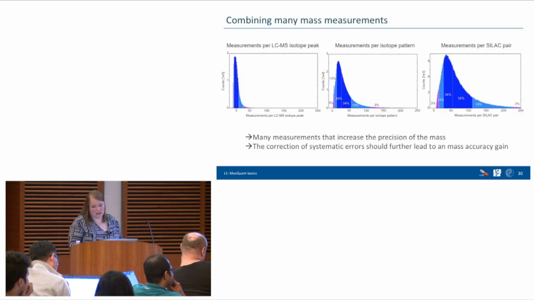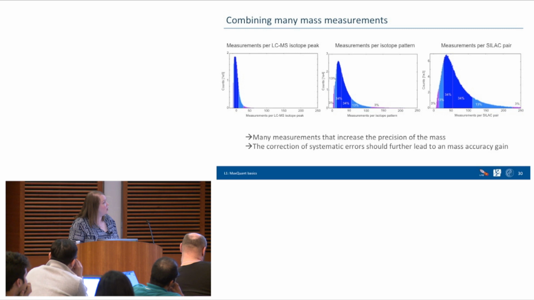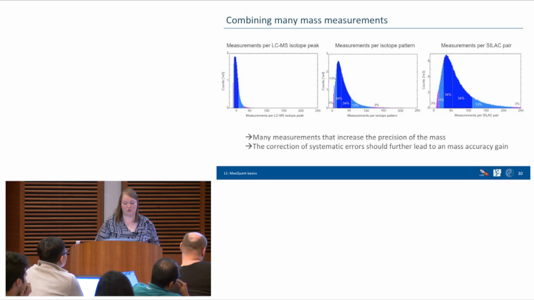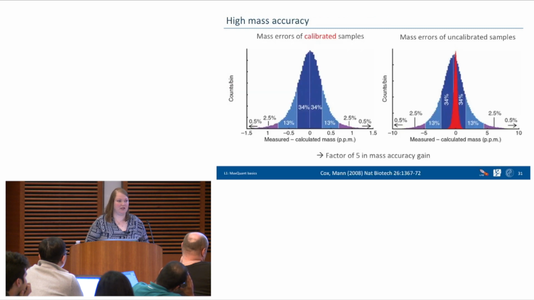What we can also see is that we have many data points for the isotopic peak, for the isotopic pattern and for the SILAC pairs, and all those data points should help to increase the precision, which then also leads to a higher mass accuracy. Here we can see another plot showing the increase in mass accuracy. Again, it's nicely centered around 0.